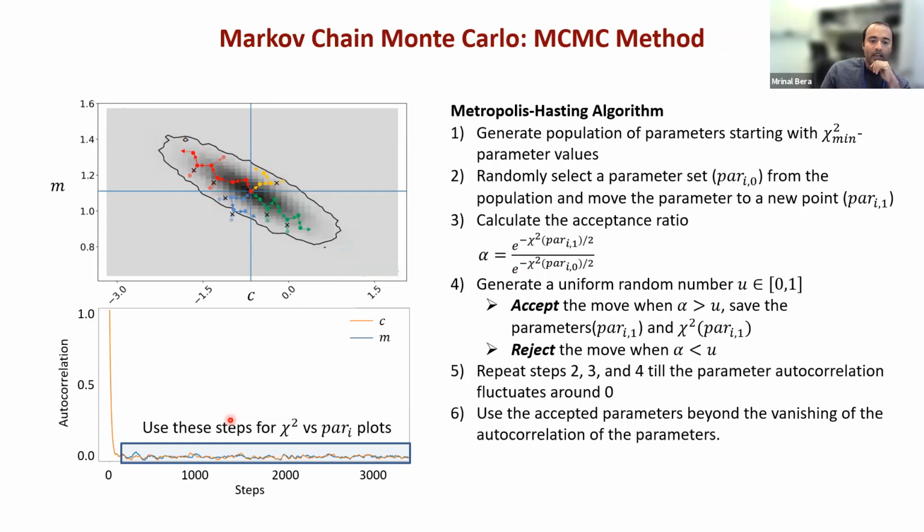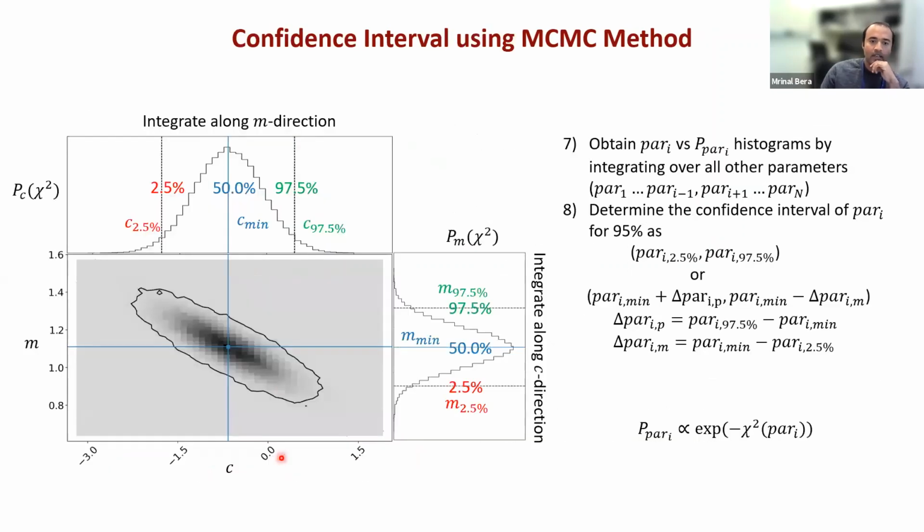You have to keep doing it until the correlation between parameters is close to 0, like this. I will show you in the example how to do that. Once you achieve this state with a considerable number of steps, you can use statistics to get the error bars.